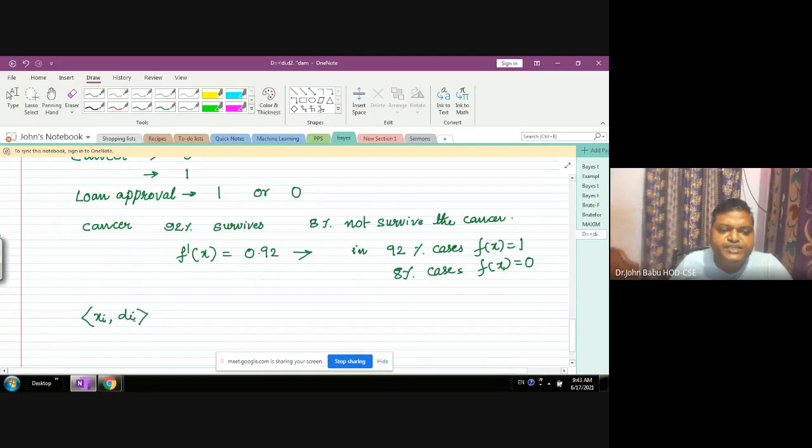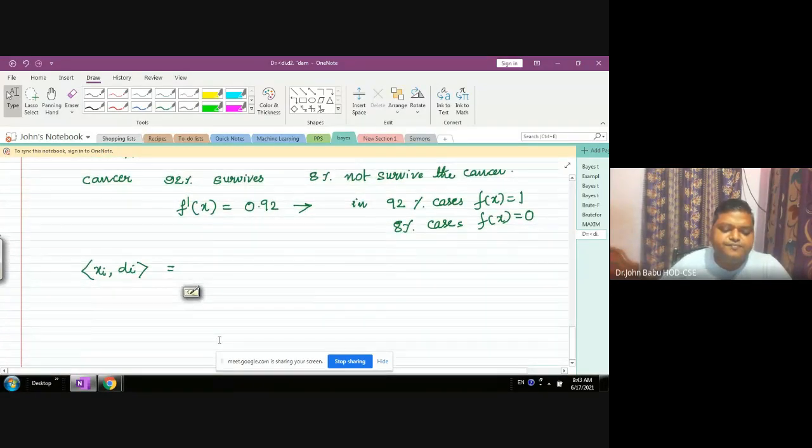Earlier we took only di, now we are considering x also, where xi and di are random variables.